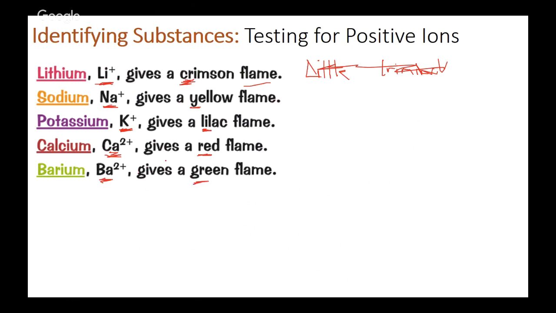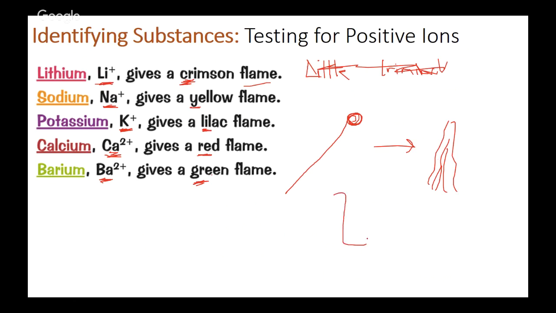It's just facts that you need to remember. Put them down on a post-it note or somewhere to try and remember them. What you do is you have an inoculating loop, just a small piece of metal wire. You pass that through a Bunsen flame to sterilise it, making sure there are no other pieces of metal on there.